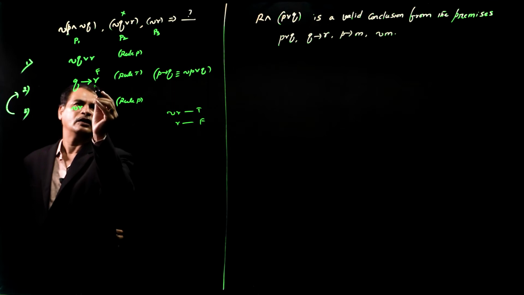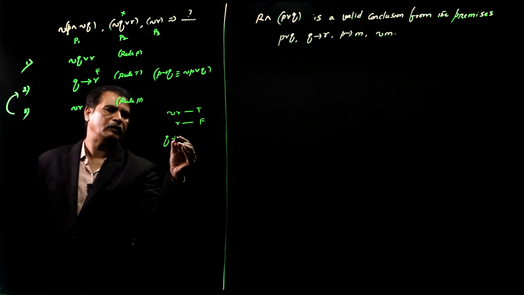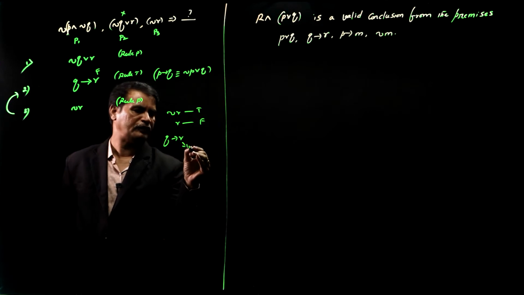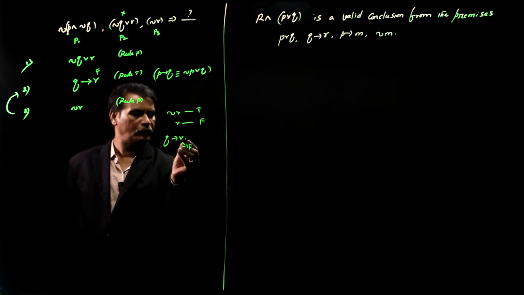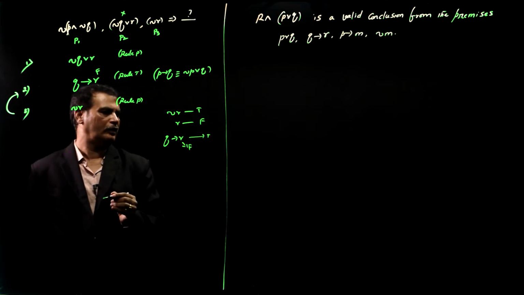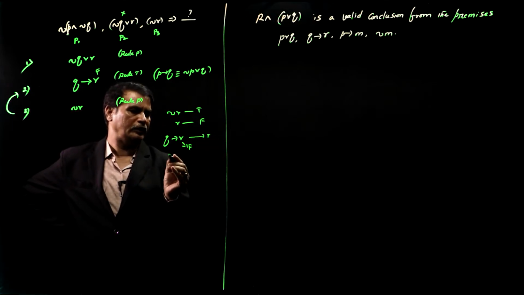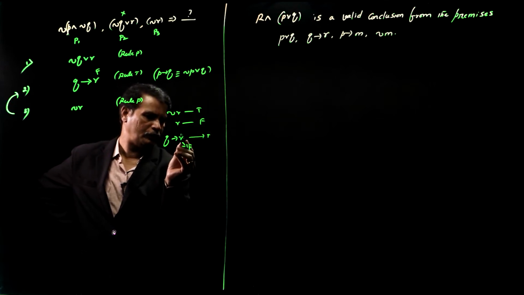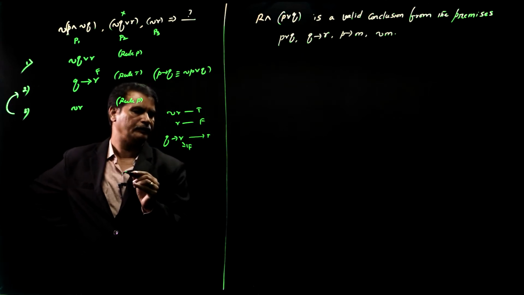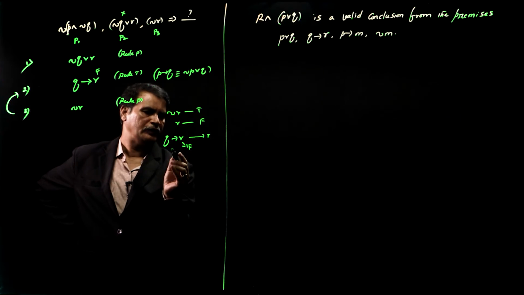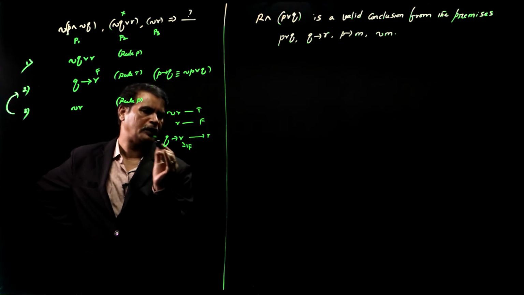Then in Q implies R, the R value is fixed as F, but I know that Q implies R has truth value T. Then if Q is true, what about Q implies R? It should fail. Q implies R, first one true, second one false, it fails. Therefore, Q should not become true.